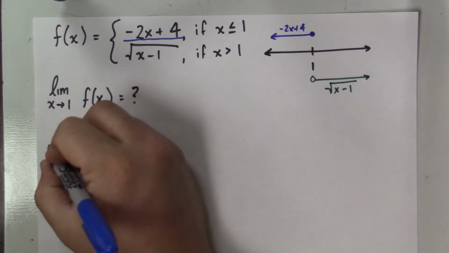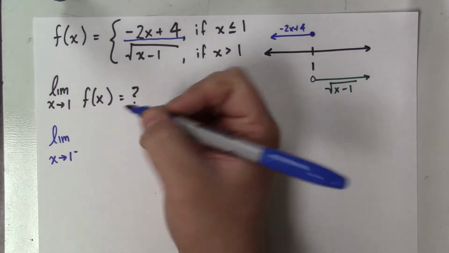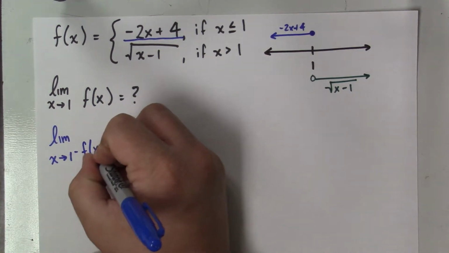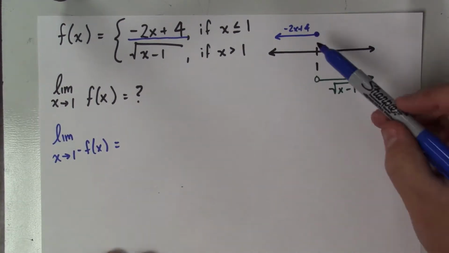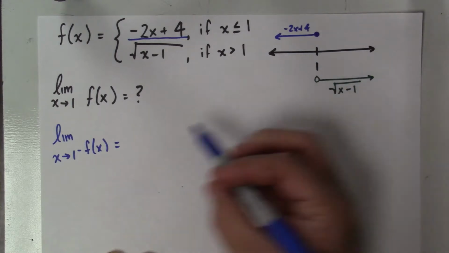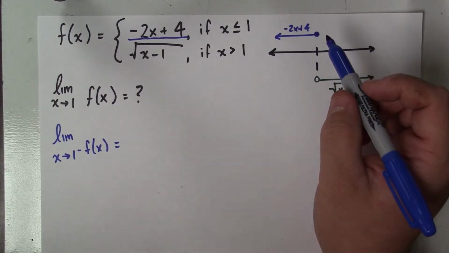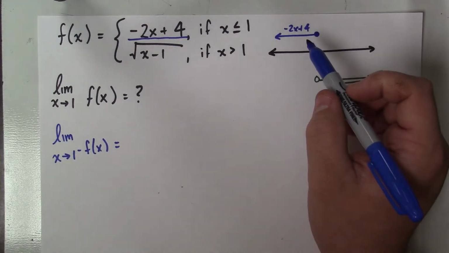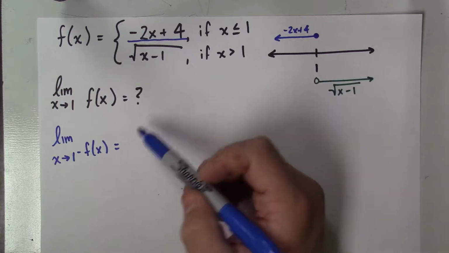So I'm going to start with the limit as x goes to 1 from the left. Looking at this, the one that's going to the left is the rule negative 2x plus 4. And what's nice is, provided I don't have any domain restrictions, I can just plug in the value for the limit that I am looking for.